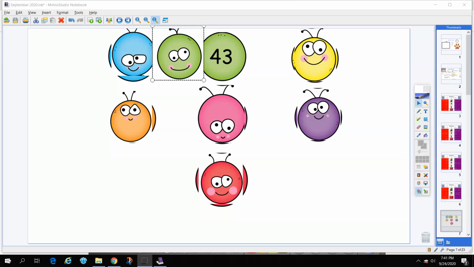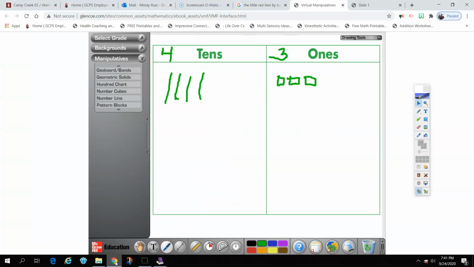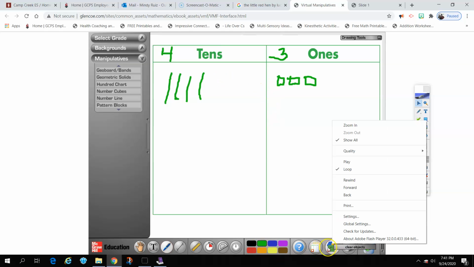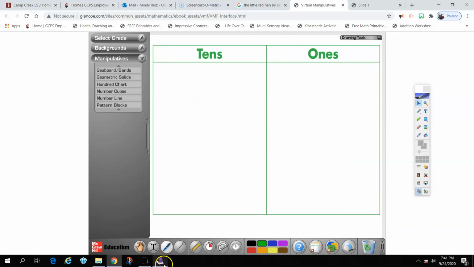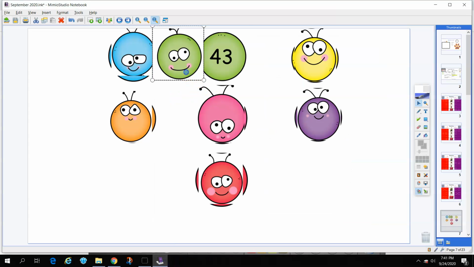Once you have drawn 43, you can push play. All right, is this what your tens and ones chart look like? Did you remember to write the numbers here at the top to help you out? Did you draw 4 tens that look like this and 3 ones? I hope so. All right, let's clear our boards and move to our next one.